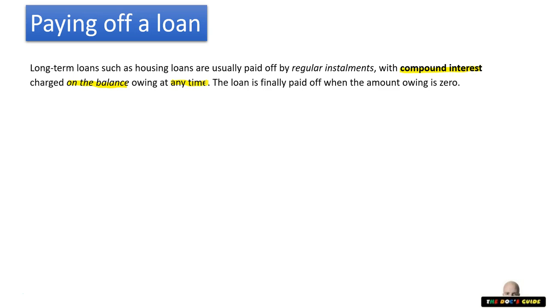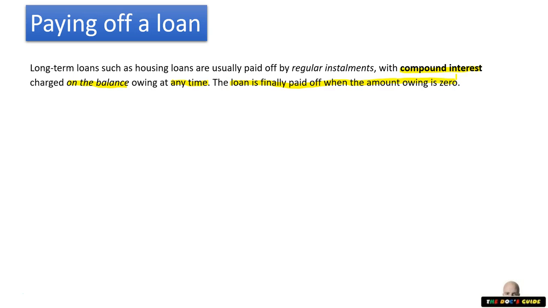So unlike some personal loans where you keep getting charged interest on the amount that you borrowed, this one takes account of the fact that you've paid some money back, so the interest amount keeps reducing. Of course, the loan's finally paid off when the amount owing is zero.